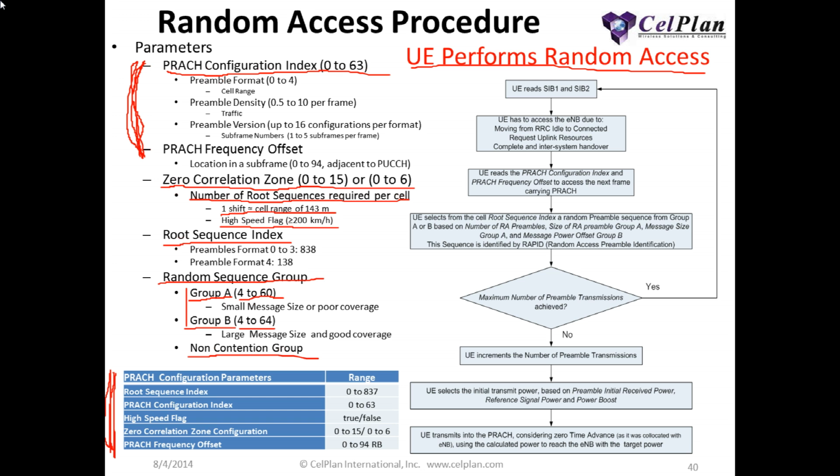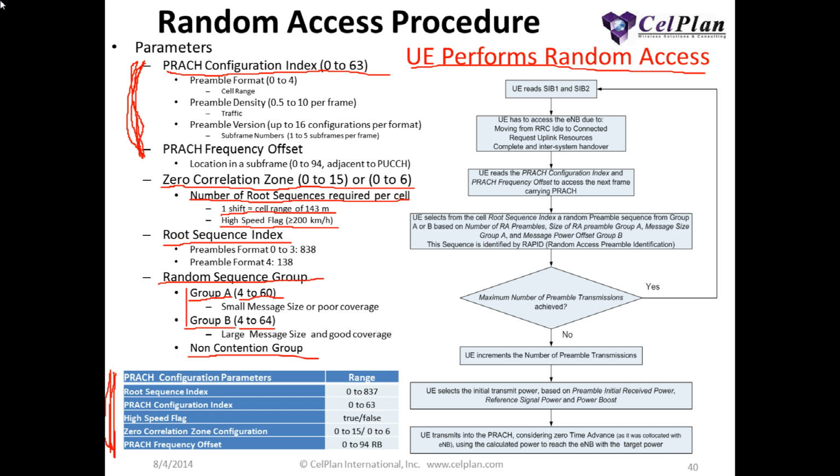Besides, once the UE has already established a connection with the ENB, the ENB can ask the UE to do access through the codes that are in the non-contention group. So those codes are assigned by the ENB to specific UEs, so there will be no contention.